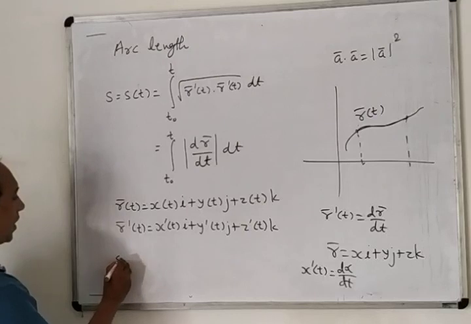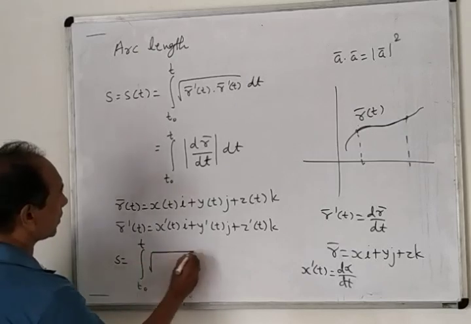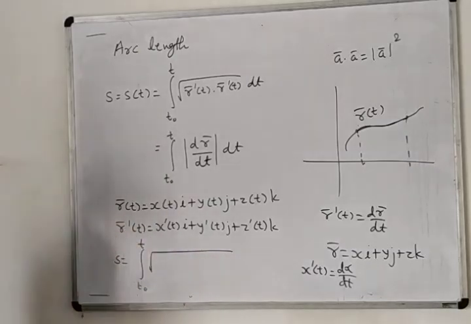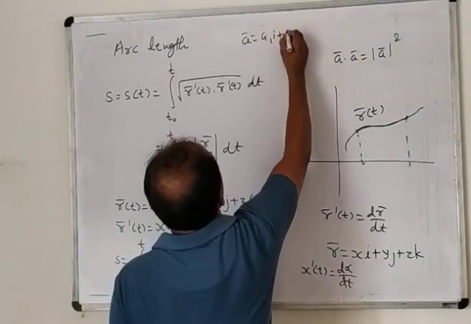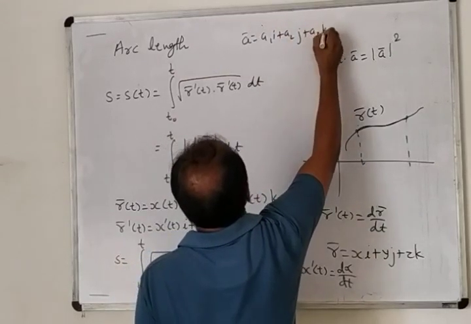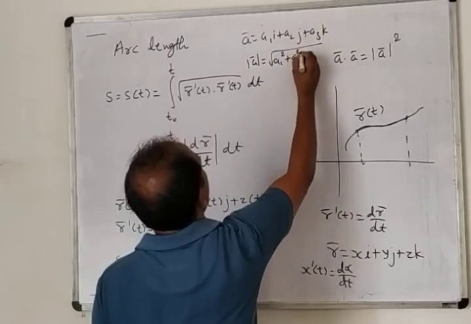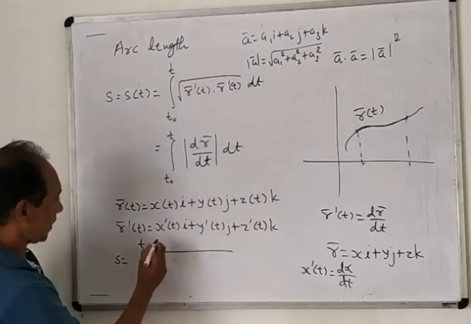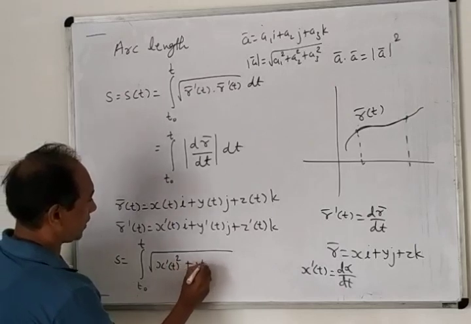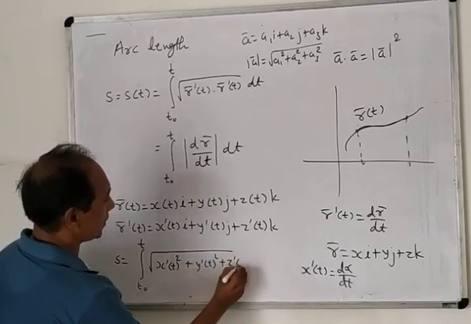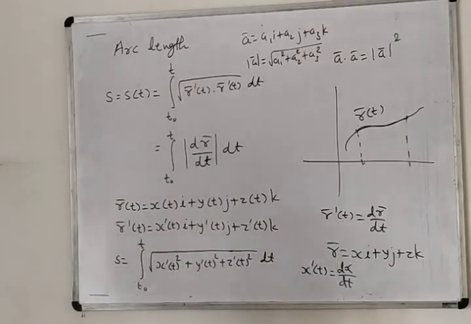Whenever a bar equals a1 i plus a2 j plus a3 k, its modulus is the square root of a1 square plus a2 square plus a3 square. Likewise, the arc length becomes the integral from t0 to t of the square root of x dash t whole square plus y dash t whole square plus z dash t whole square dt. By using this we can find the arc length of the curve.